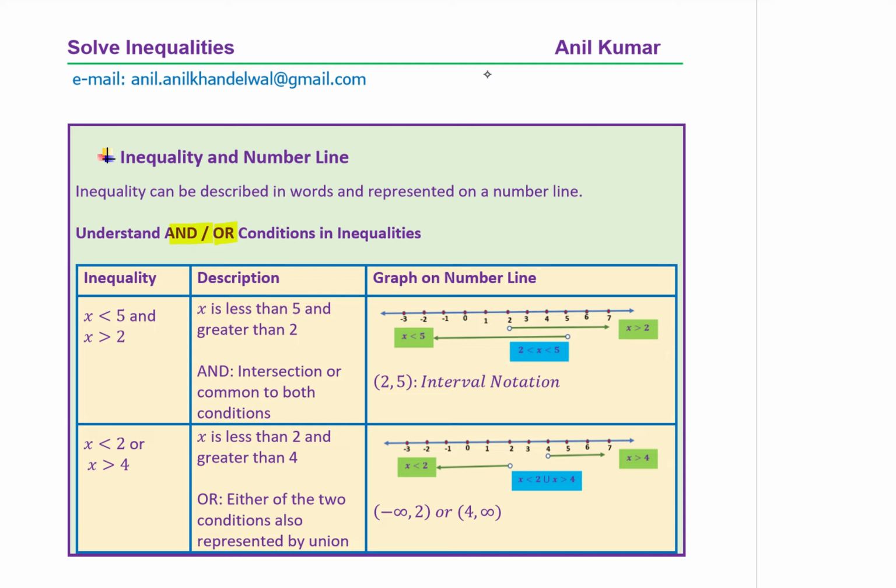As we saw last time, if we have two conditions, that is, x is less than 5 and x is greater than 2, we are given two conditions. When two conditions are given to us, both should be satisfied.